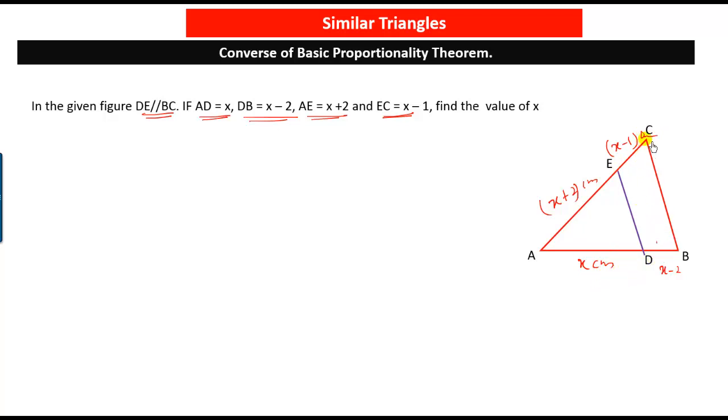Since DE is parallel to BC, then the ratio AD upon DB will be equal to AE upon EC.